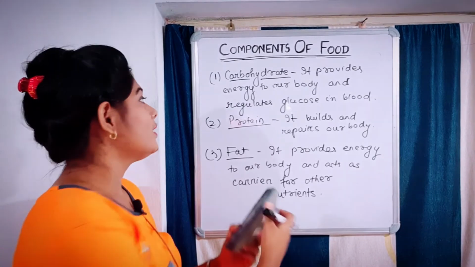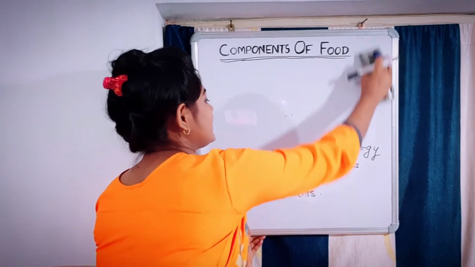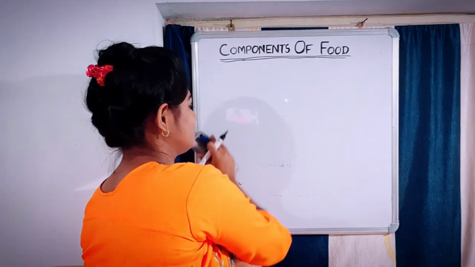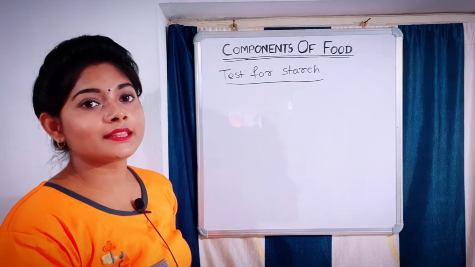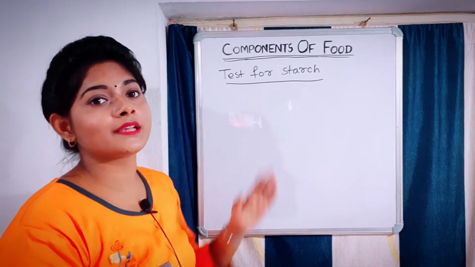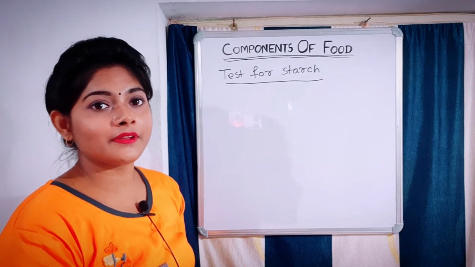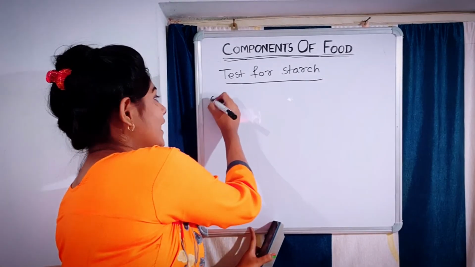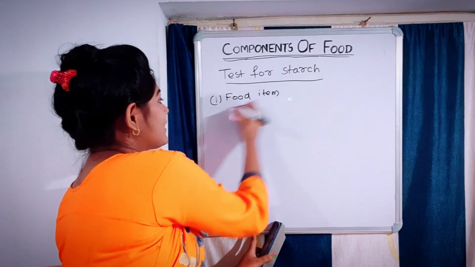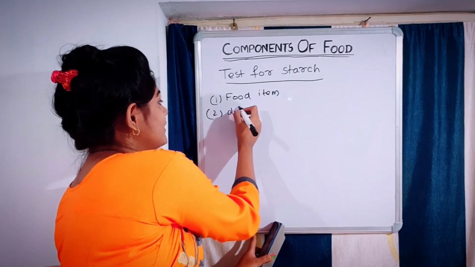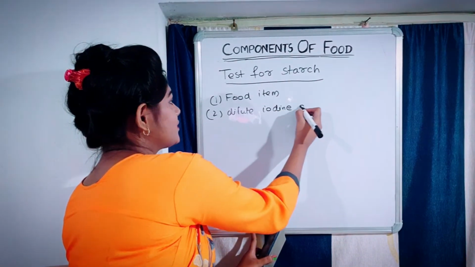Now let's see what kind of experiment we can do to find the presence of these nutrients. First we will do the test for starch, which is the experiment to know the presence of carbohydrates. What are the materials that we need? First is any food item, and second is dilute iodine solution.